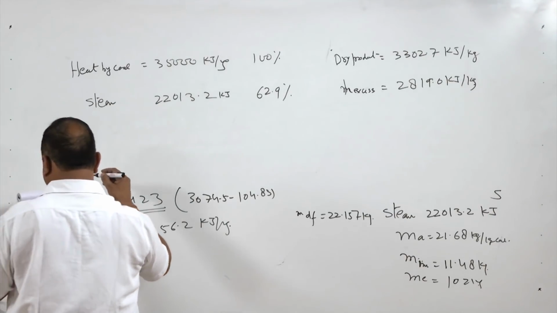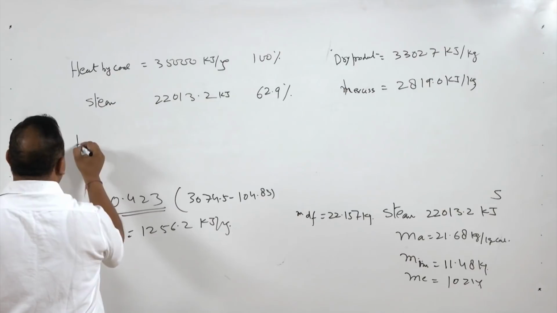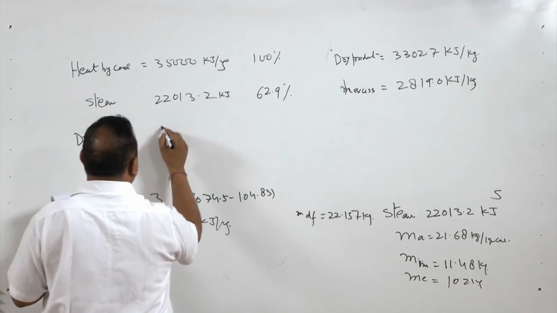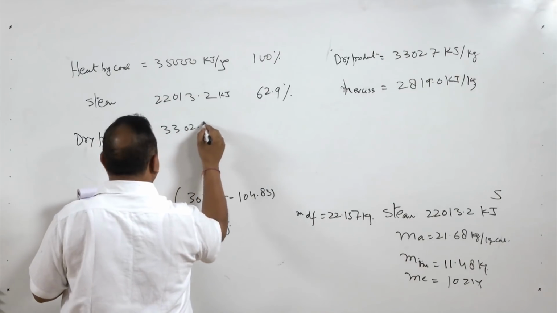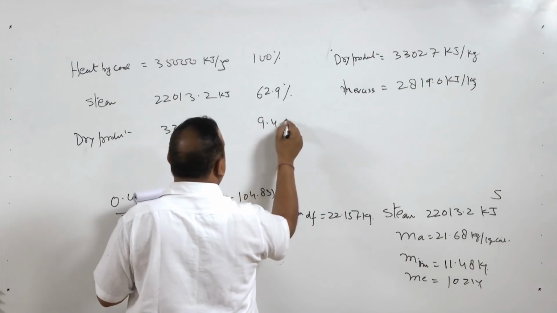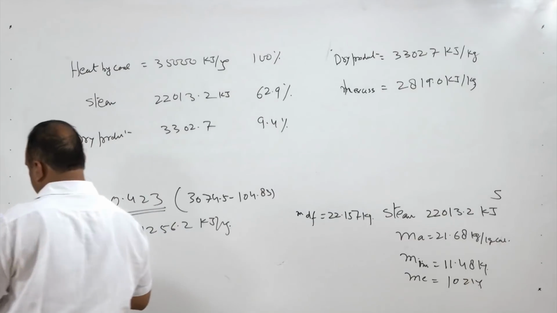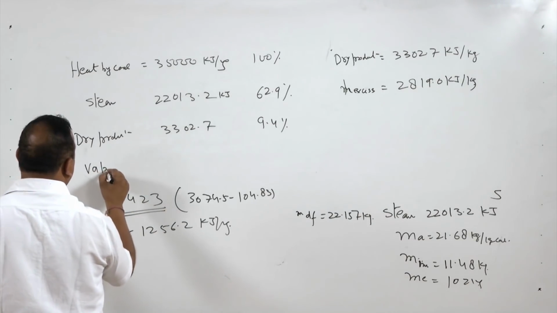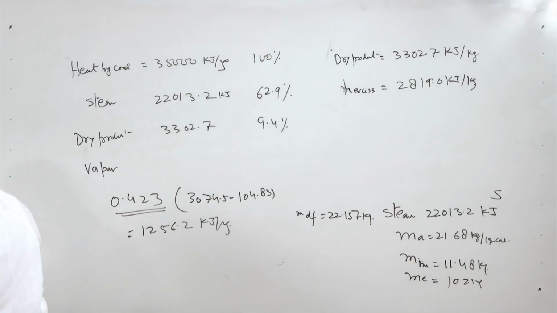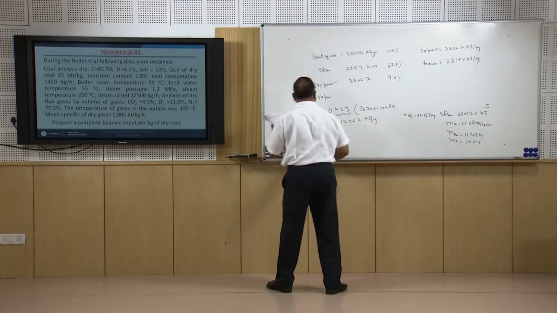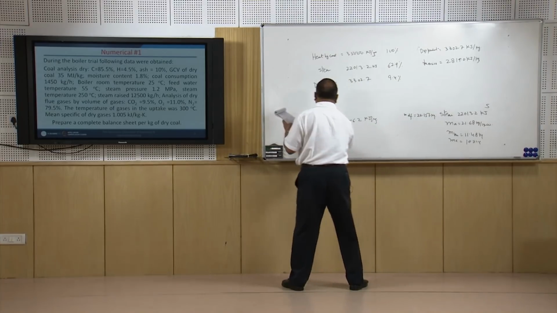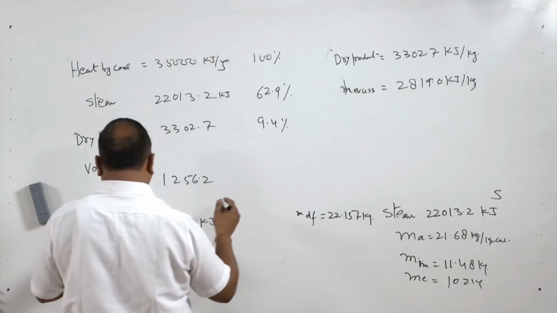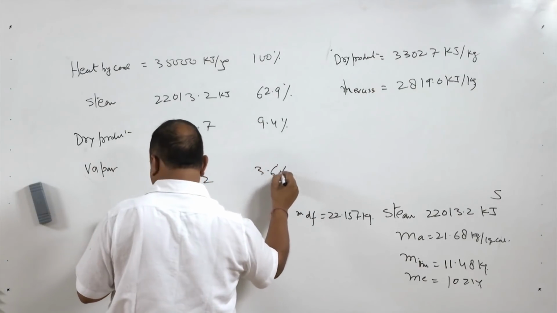Now, heat in dry product is 3302.7, which is 9.4%. Heat in vapor, just now we calculated, 1256.2, and that is 3.6%.